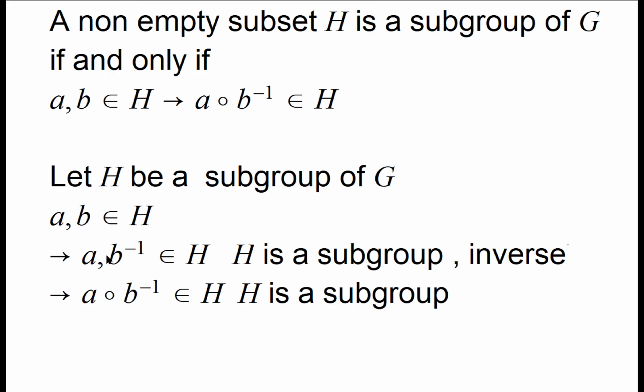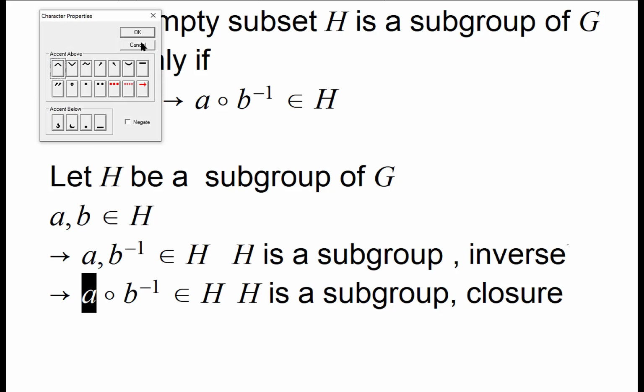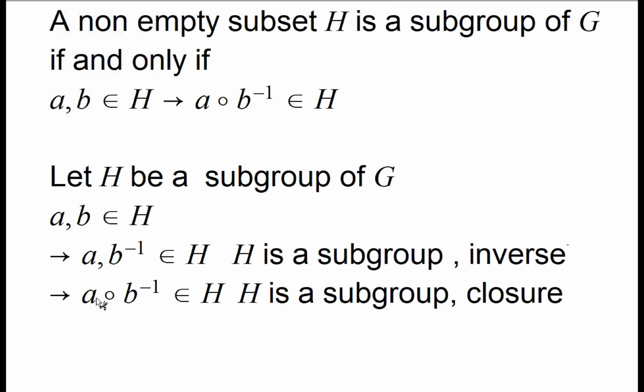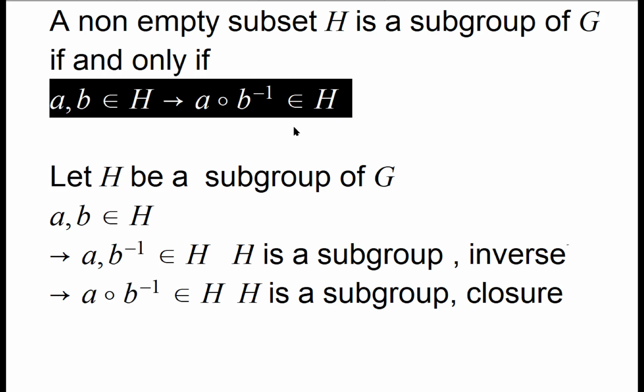That's why we got B in there, implying B inverse is in there. And this comes from the closure property, because if two elements are in there, then their composition, or their product, is in there as well. So we have realized this part.